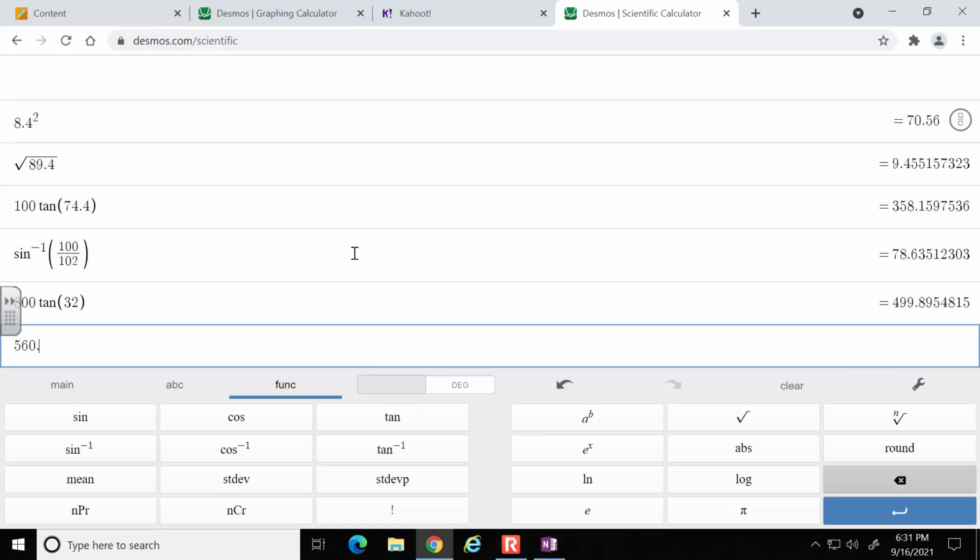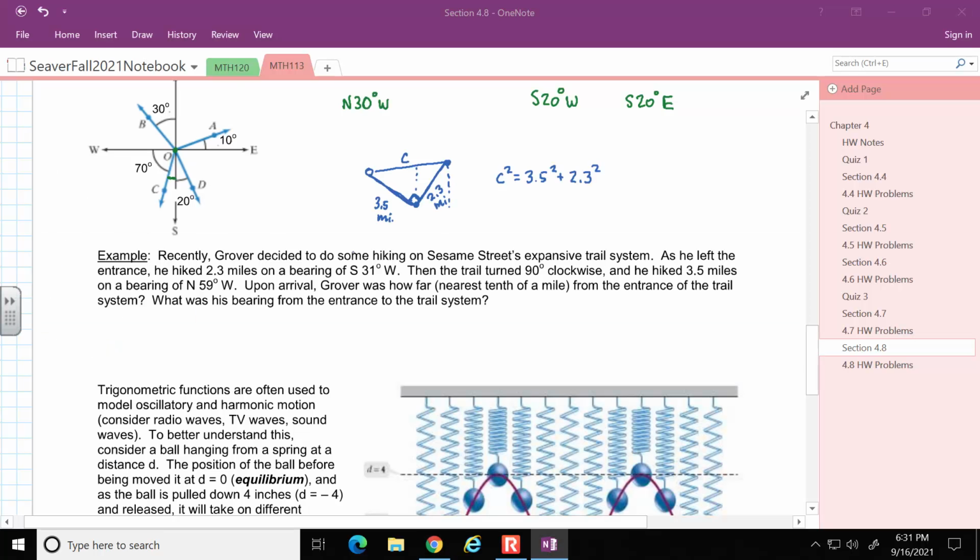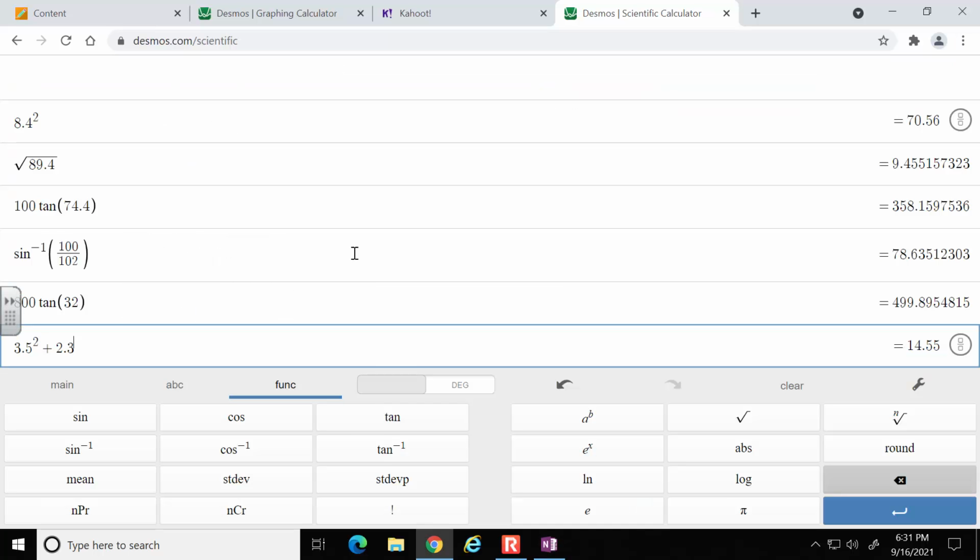And just so I don't forget from before, I do need to take the square root of that then.